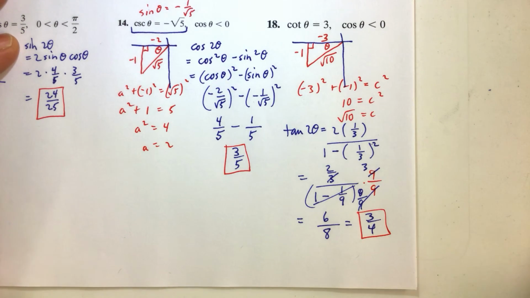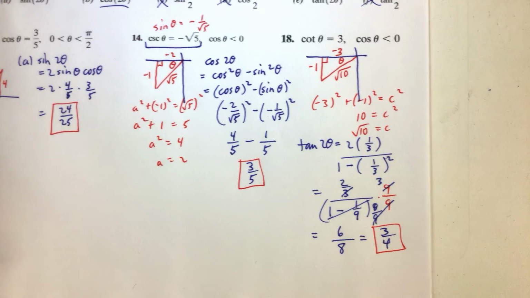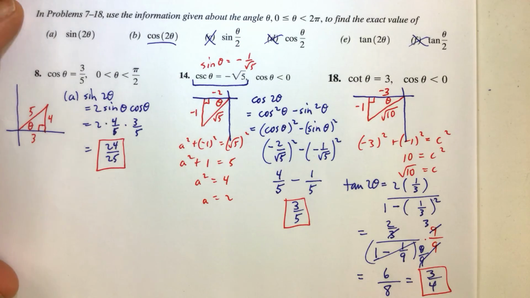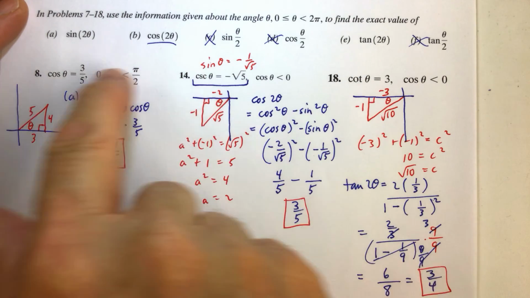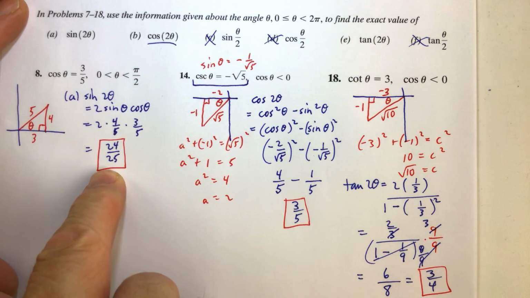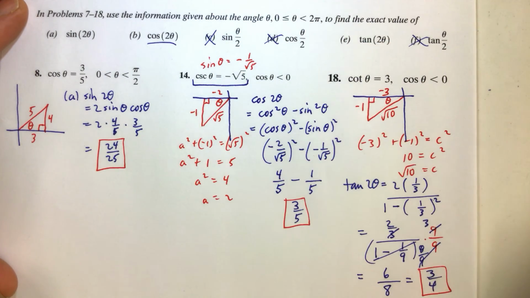I like these answers because they don't involve radicals, nice and clean, and hopefully that makes sense. So I just basically did each one of these problems, sine of 2 theta for the first one, cosine of 2 theta for the second one, and tangent of 2 theta for the third one.